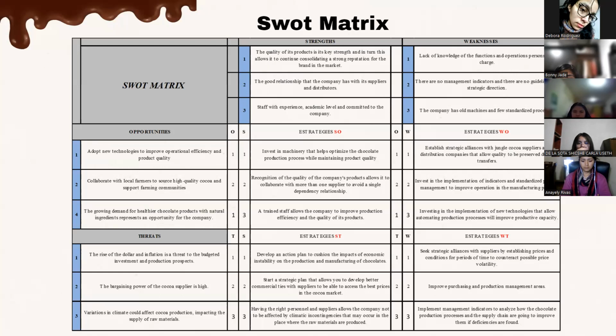Improve the purchasing and production management areas, and finally develop an action plan to cushion the impacts of the economic instability on the production and manufacturing of chocolate. Next slide, please.